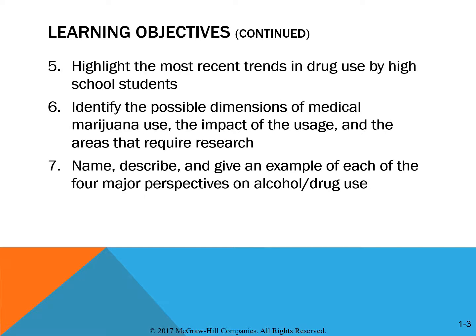Pay close attention in your textbook on the 4 major perspectives on alcohol and drug use. Assignment number 1 is to answer a questionnaire and to write a 3-page paper on your own personal perspective. Well, at least at this point in your career development.